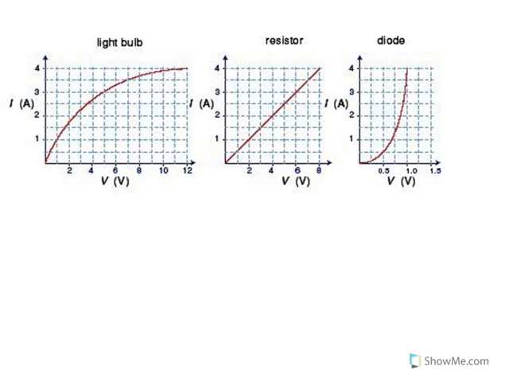The graph in the middle, this one right here, is a straight line, so this is called a resistor, which is just something that resists current, simple as that. That one obeys Ohm's law, so that would be what we would call ohmic.